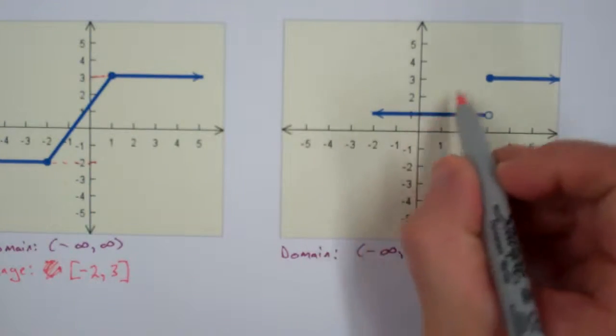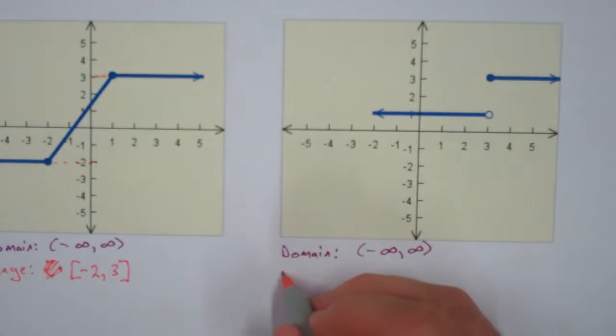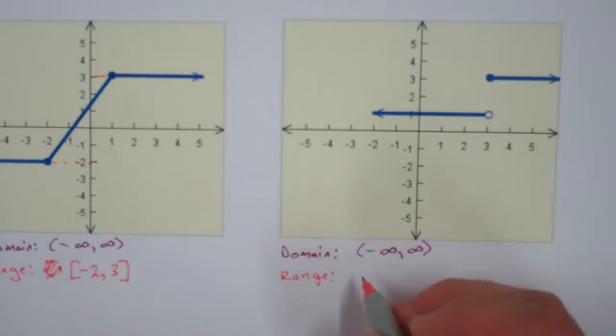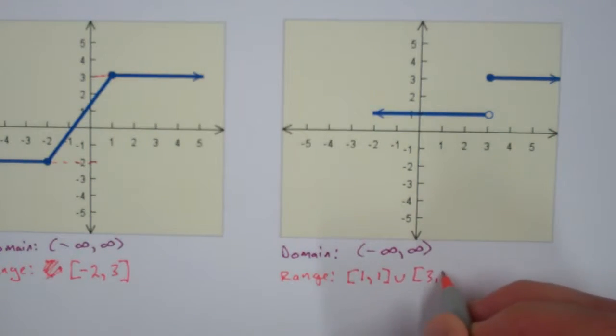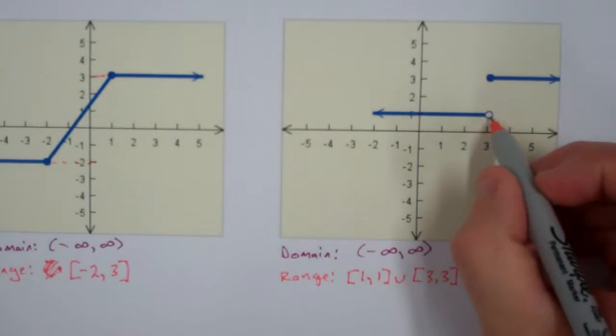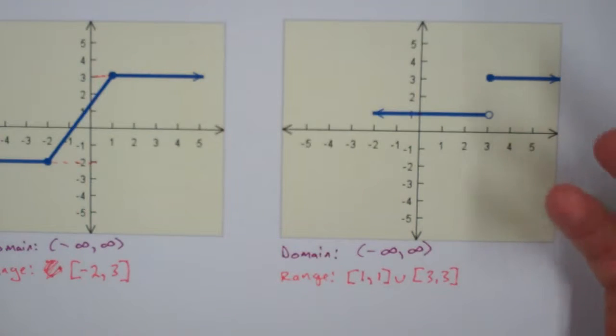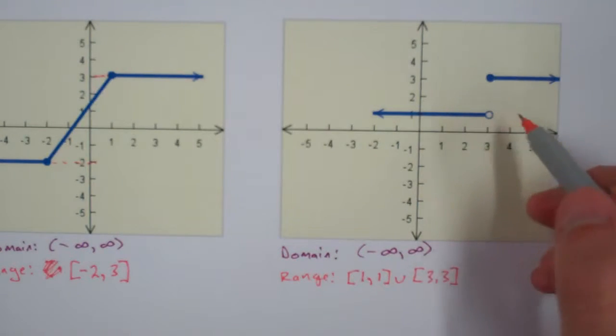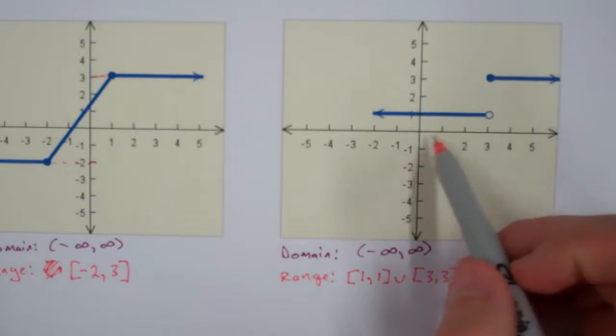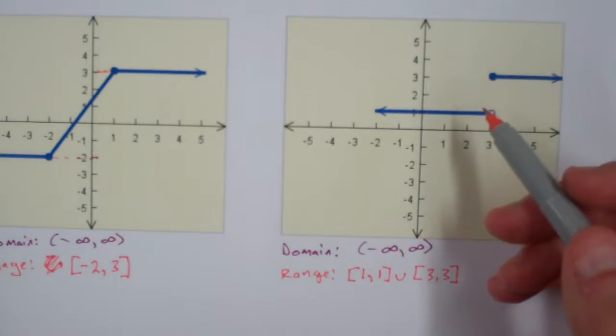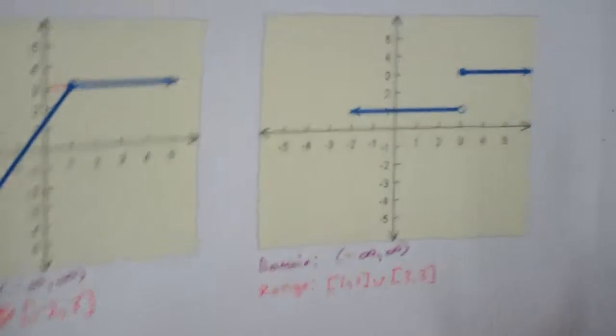That's 1 and 3. So the range is going to be 1 and 3. Even though this is not filled in, for an input of 2, the output is 1, and so 1 is a possibility, even though this specific point on the graph doesn't work. We're only looking at the values of y and what those possibilities are.